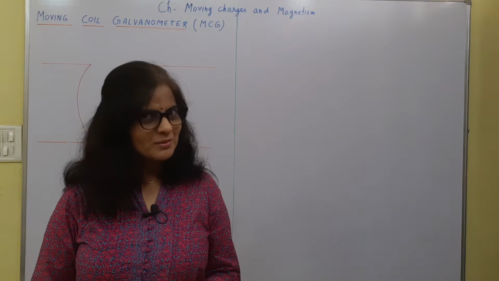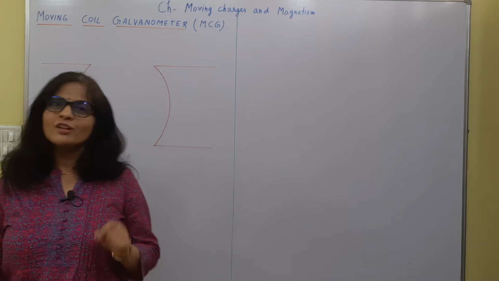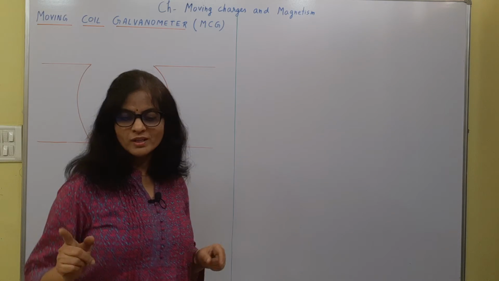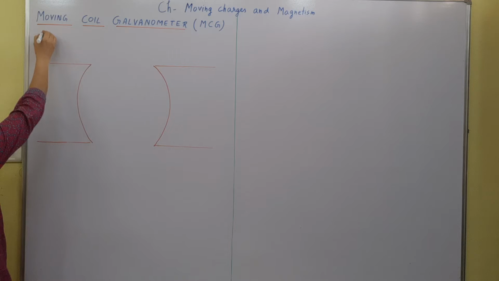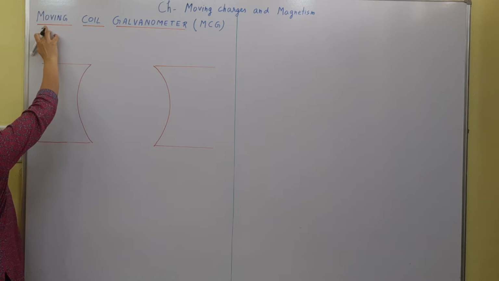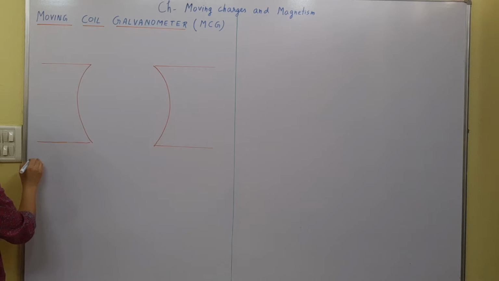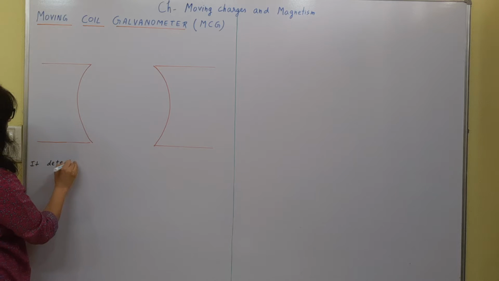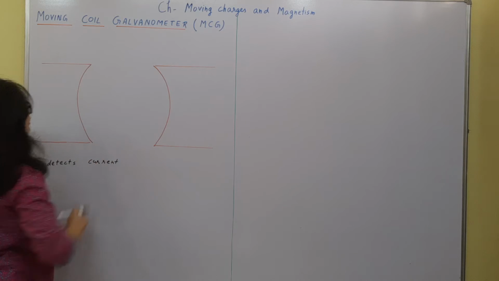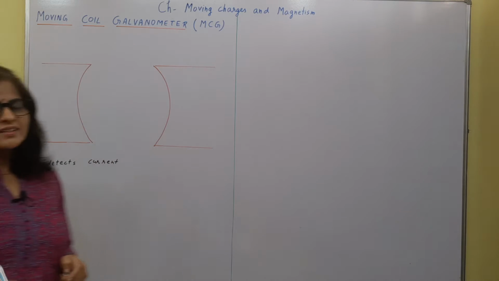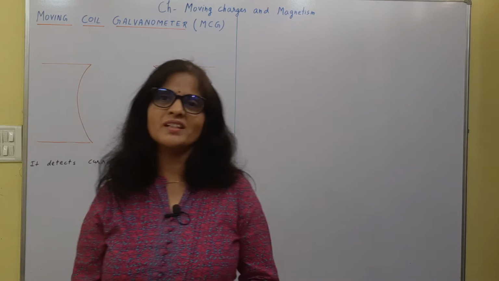into voltmeter and ammeter. So moving coil galvanometer is an instrument which detects current, right? So galvanometer detects current. Now what is the construction?